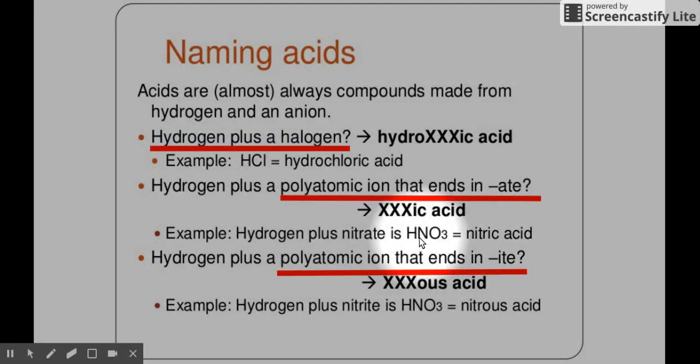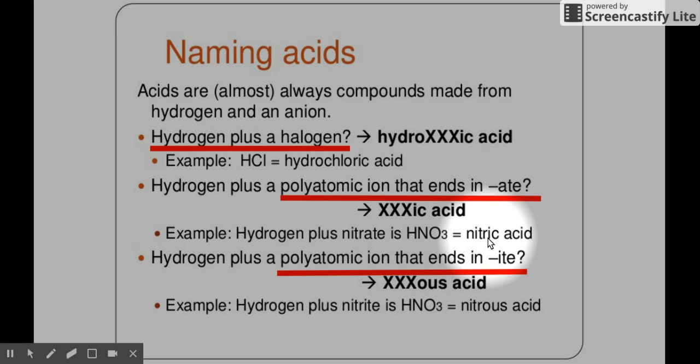For example, we have HNO3. HNO3 is written like this because H is plus 1, and NO3 in your list has a charge of minus 1. So, crisscross 1 and 1, the generated chemical formula is HNO3. Because NO3's name ends in ATE, I just need to change it to ic with no hydro prefix.